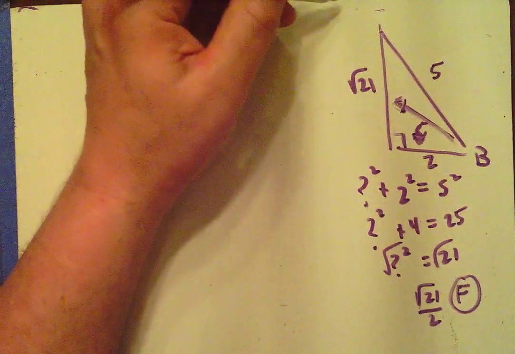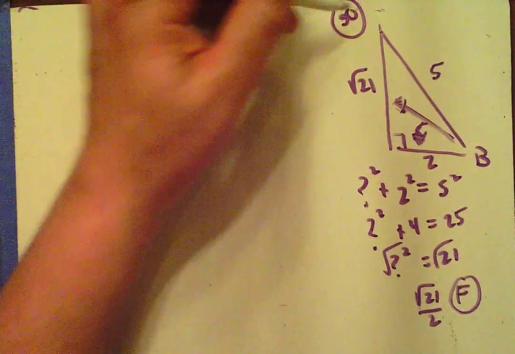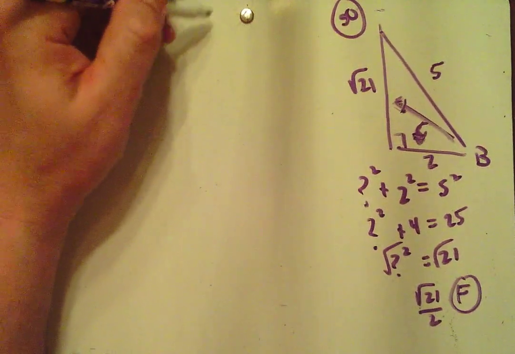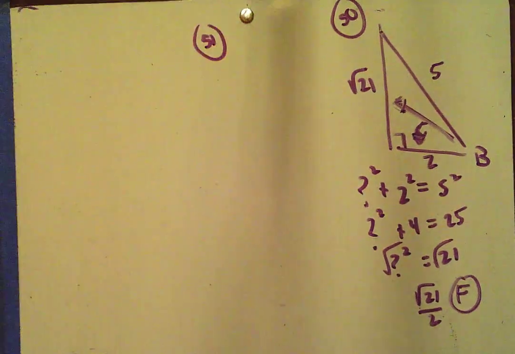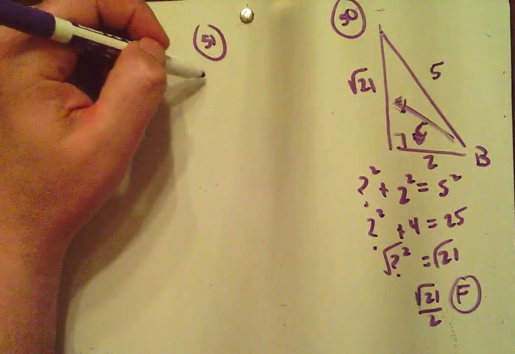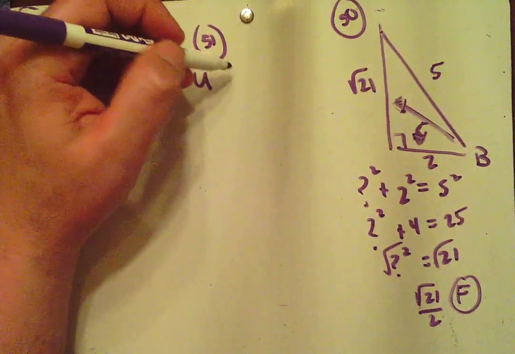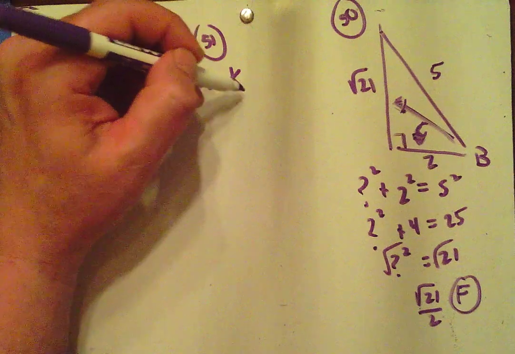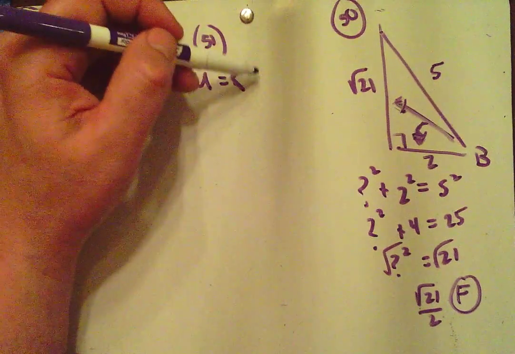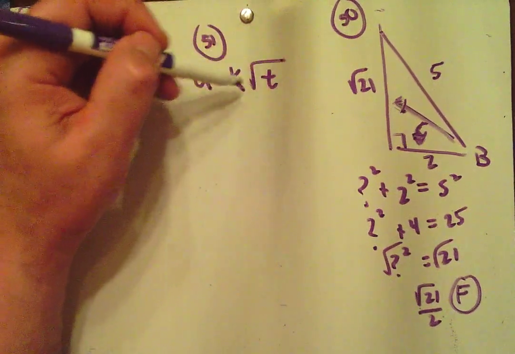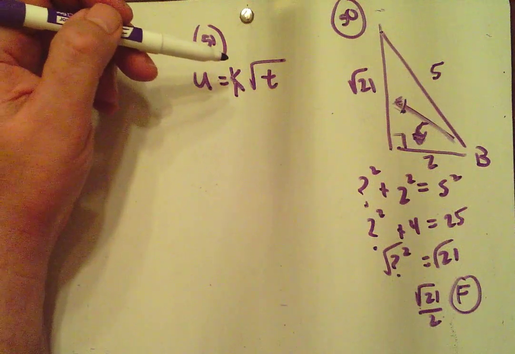F for number 50. Only 10 problems left for us. 51. Okay, $50 per lesson, an additional fee to use the plane. Charge of use is directly proportional, so the use fee is proportional to the square root of the time the plane is in use.